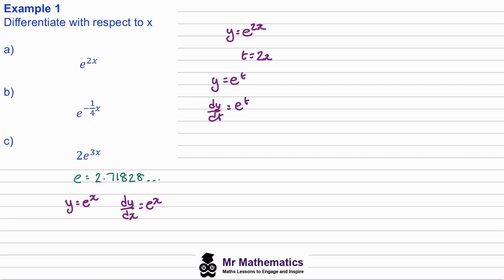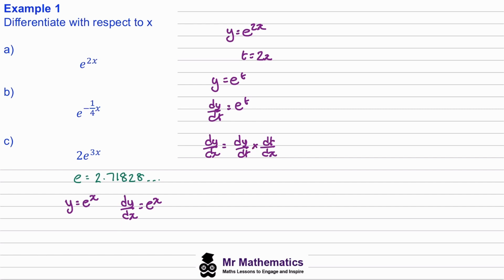The problem we have is, we wanted to work out dy by dx. We wanted to differentiate it with respect to x, not with respect to t. So we're trying to find dy by dx, and what we have is dy by dt. But if we multiply this by dt by dx, you can see that this dt will cancel with this one.